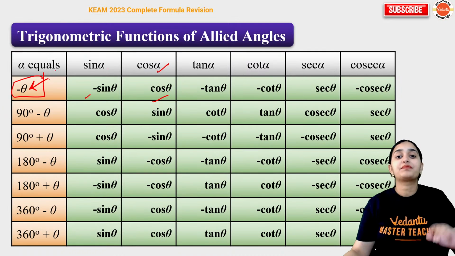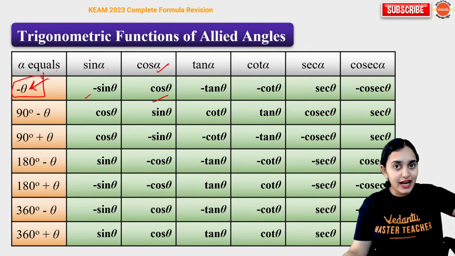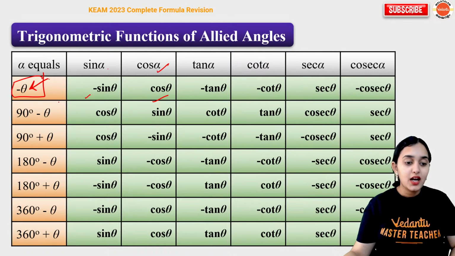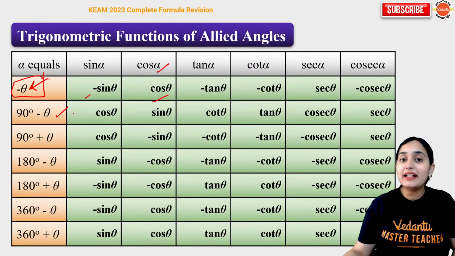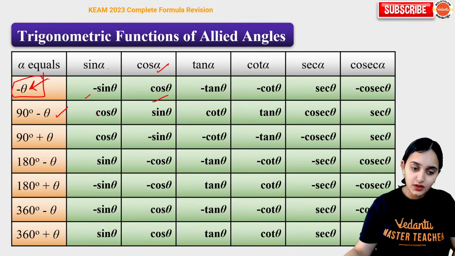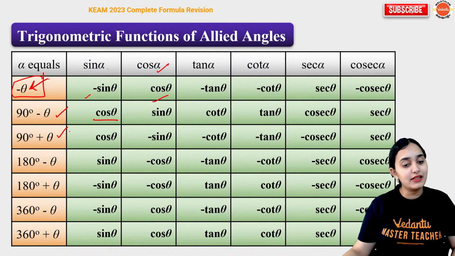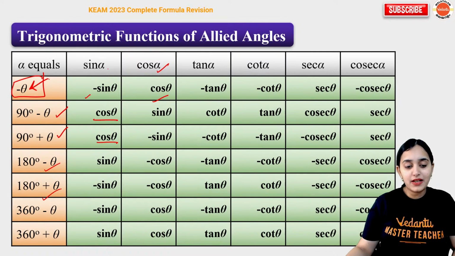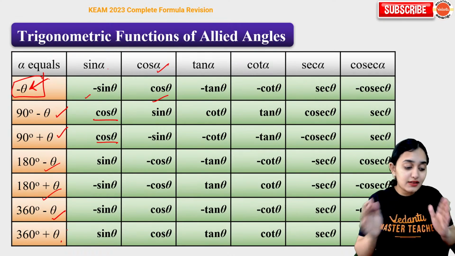Minus theta means in place of theta, you are writing minus theta. Similarly, what is sine of 90 minus theta? Cos theta. Sine of 90 plus theta? Cos theta. Sine of 180 minus theta? 180 plus theta? 360 minus theta? 360 plus theta? Everything is given over here.